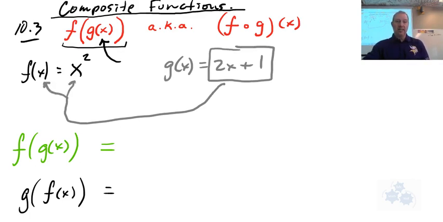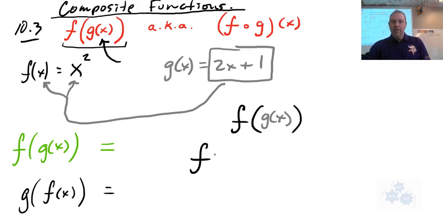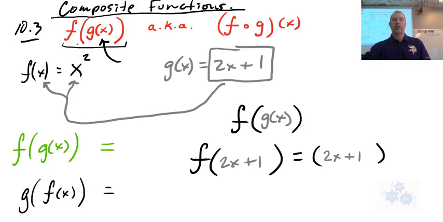So f of g of x looks like this: f of 2x plus 1. It's not just x anymore, it's actually the other function. And that's going to equal 2x plus 1, squared.